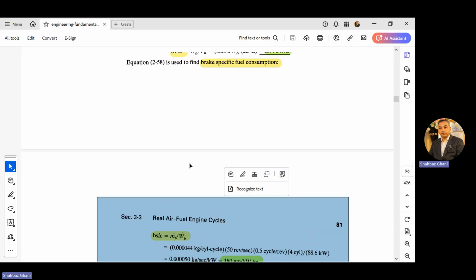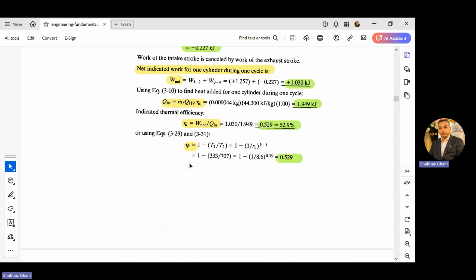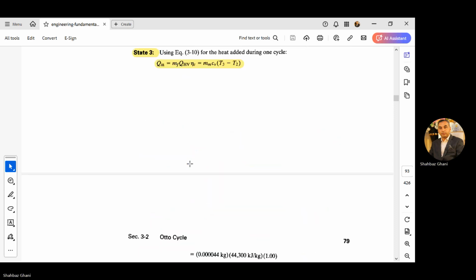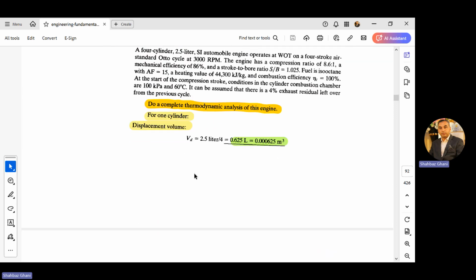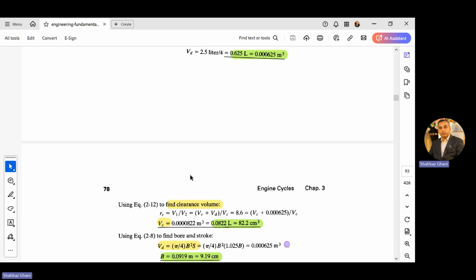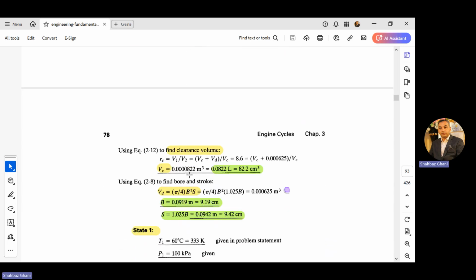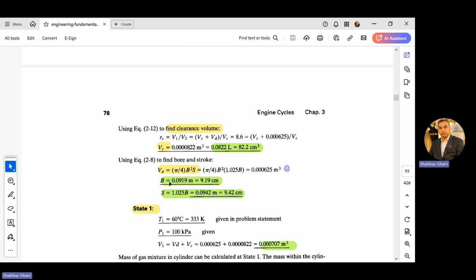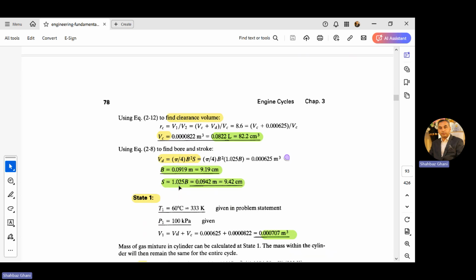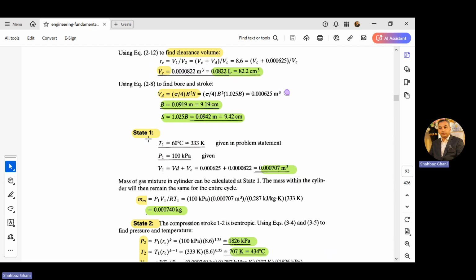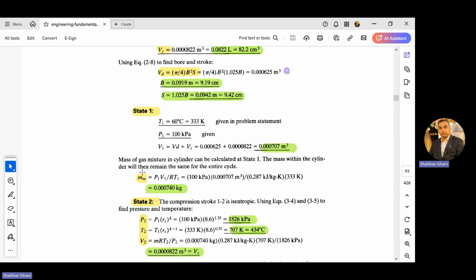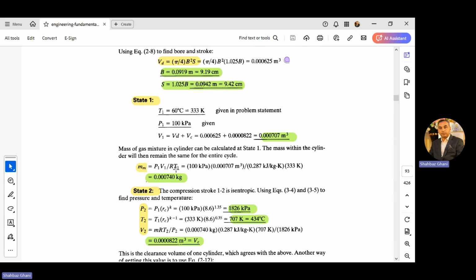Let's see what we have calculated in this example. First, we calculated the displacement. Then the clearance volume, the bore, and the stroke. Then at point 1, we calculated the volume and the mass of the mixture.